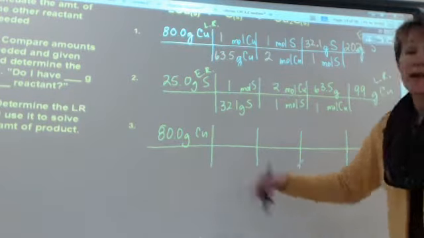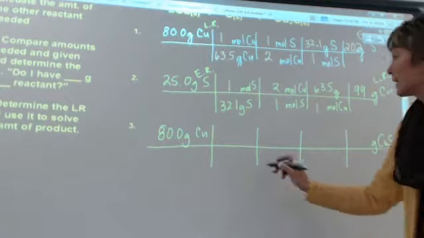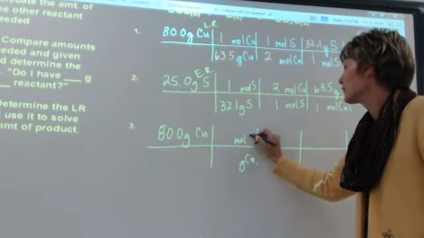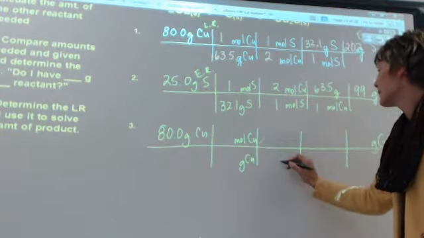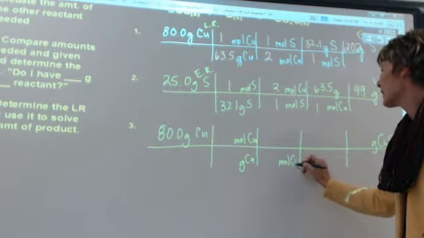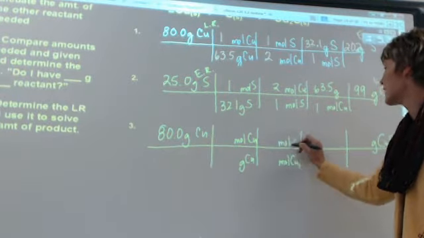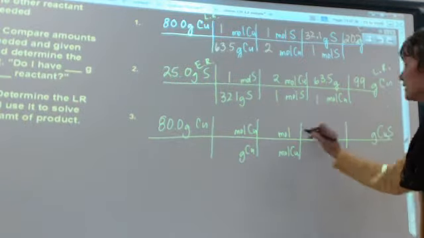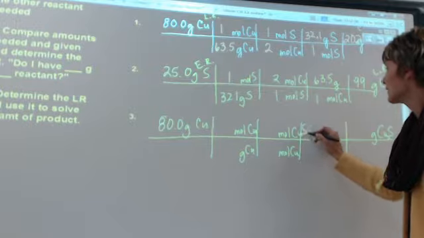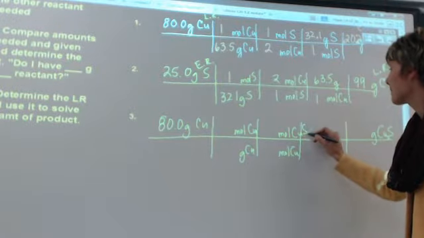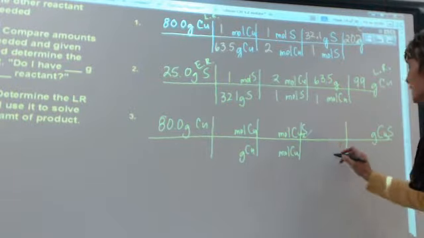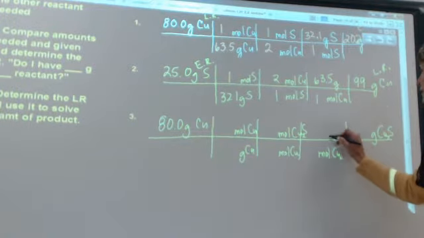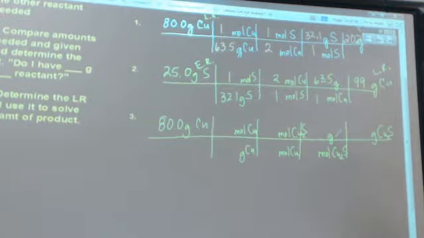And so it's a mass problem. I'm going to go ahead and drop grams of copper down and go to moles of copper. Drop moles of copper down and go to moles of my product, and my product is copper 1 sulfide. Drop my moles of copper 1 sulfide down and go to grams of copper 1 sulfide.